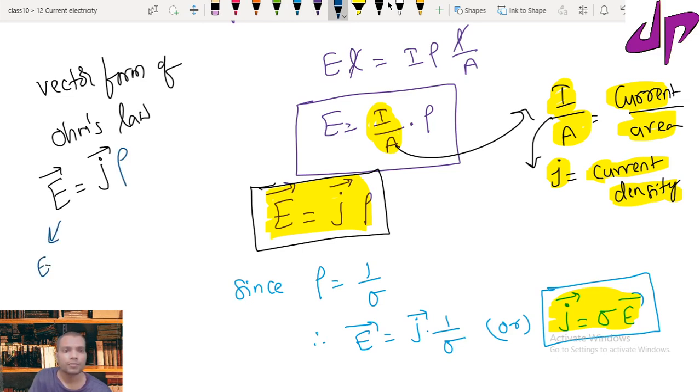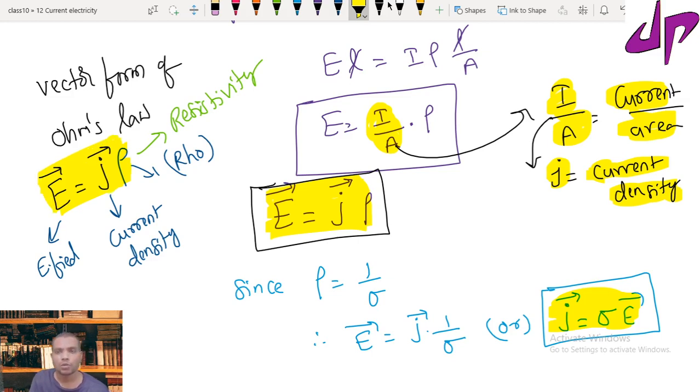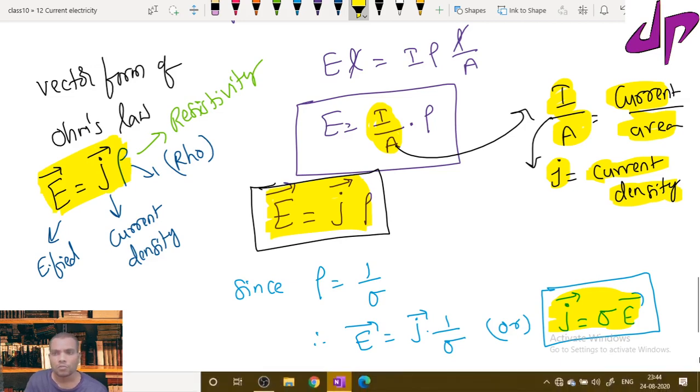This is the electric field, this is the current density, and this is the resistivity rho. It gives the relation between electric field, current density and resistivity, which is also known as the vector form of Ohm's law.